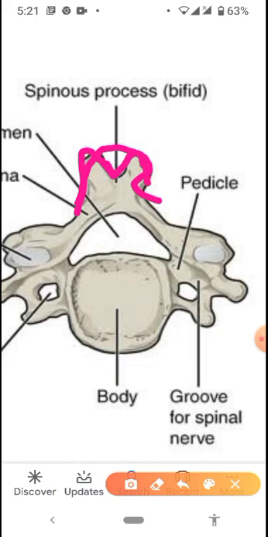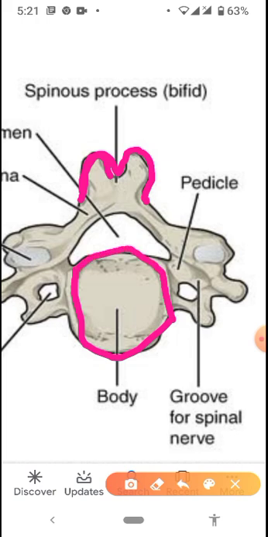Basically you can see that it is bifurcated, it is divided into two, and that's why it is different from the other cervical vertebra. The typical cervical vertebra has the spinous process which is bifid. Okay, first important thing, and the second important thing is that the body of the typical cervical vertebra is quite different and it is broad. You can see from here that this one is broad, this one is broad.